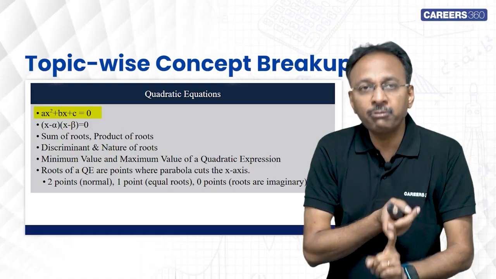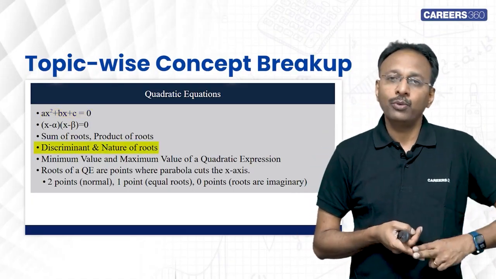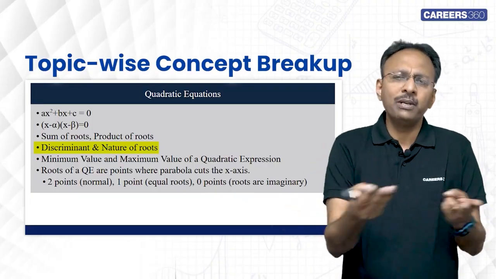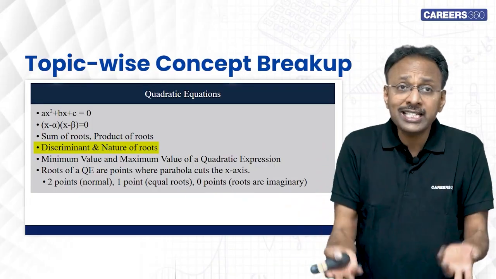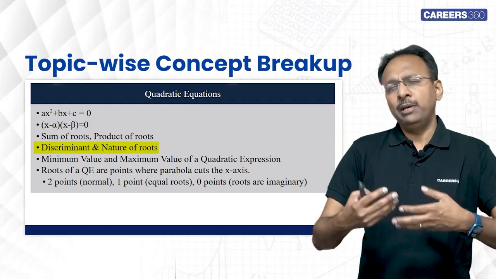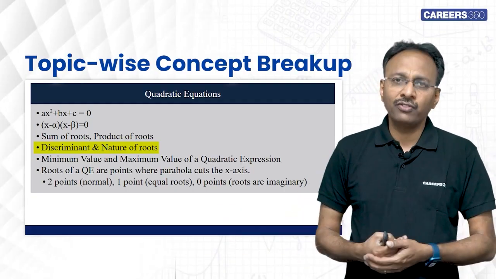That is concept 1. The second one is the discriminant of an equation, of an expression: b square minus 4ac. If you understand that, it will be very easy for you to solve very standard problems and know the nature of the roots accordingly.